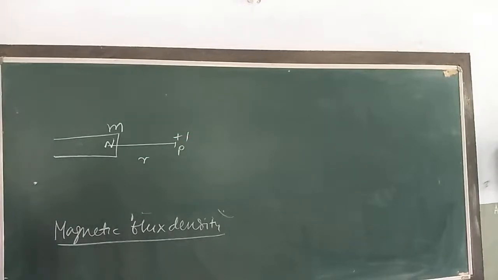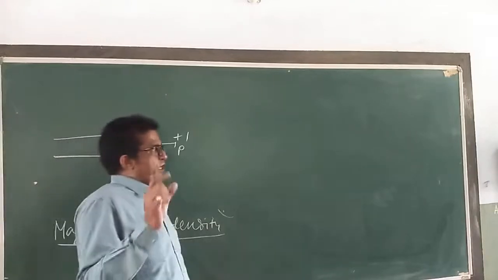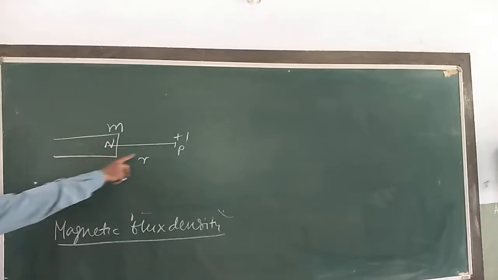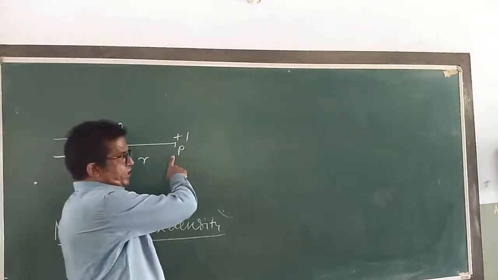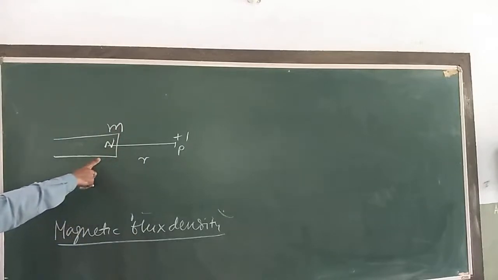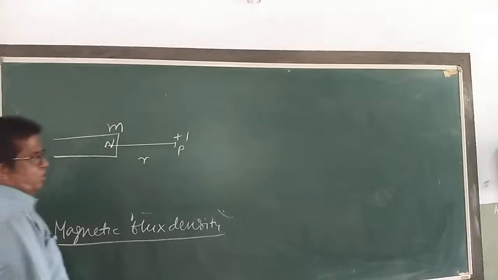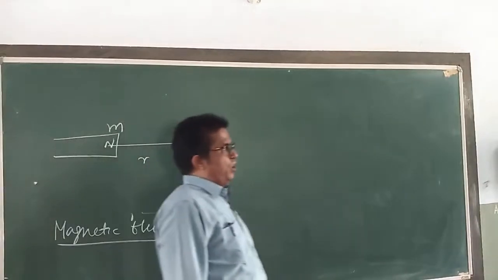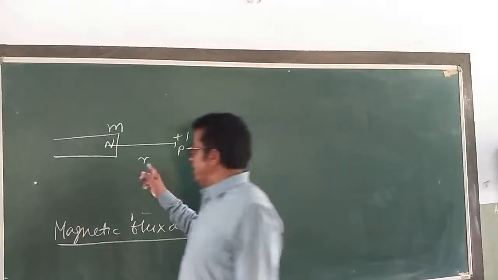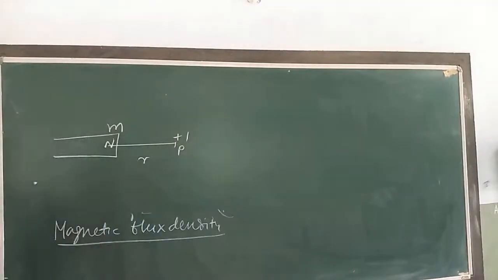So my dear children, the force experienced by a unit north pole when placed in a magnetic field is called magnetic flux density, or magnetic field intensity at that point.